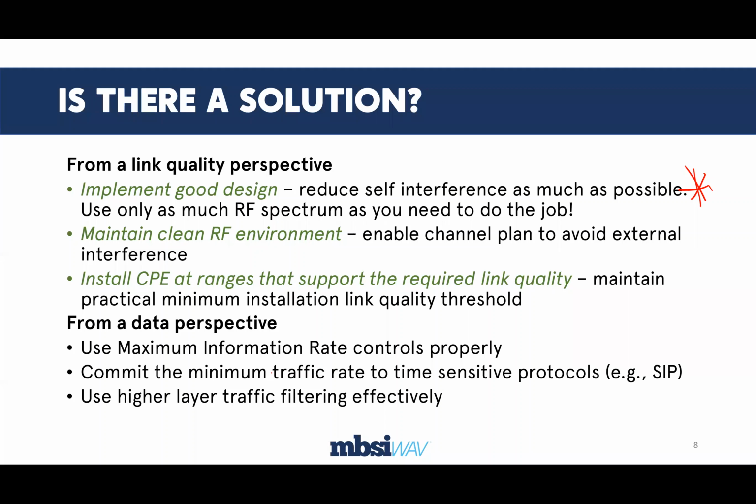The definition of committed information rate as far as broadband wireless is concerned is that the bandwidth that you commit is in fact set aside for as long as that CPE is connected to the access point.